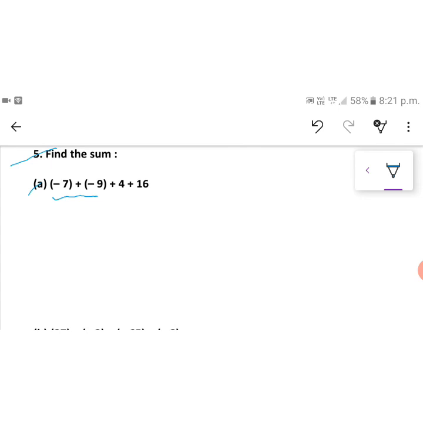Add these two numbers, 7 and 9. We get 16 and give the same sign, minus. Now take these two numbers, 4 plus 16. Here also the two numbers have the same sign, plus. So add these two numbers. 4 plus 16 is 20 and give the same sign, plus.